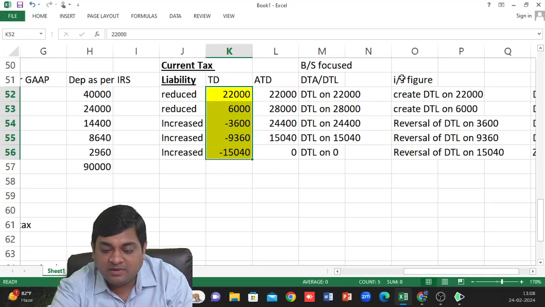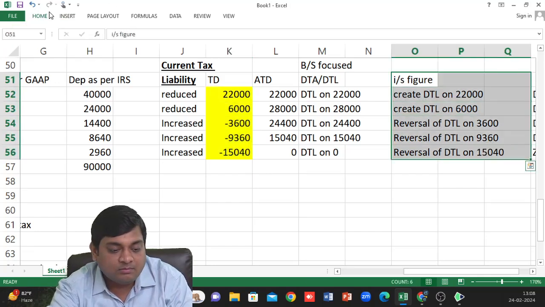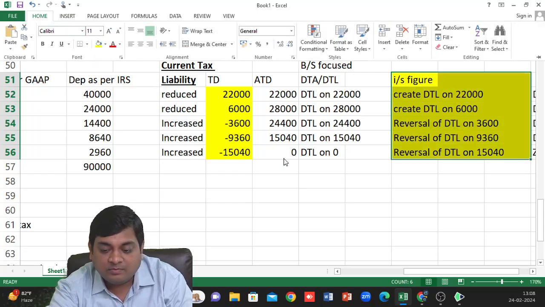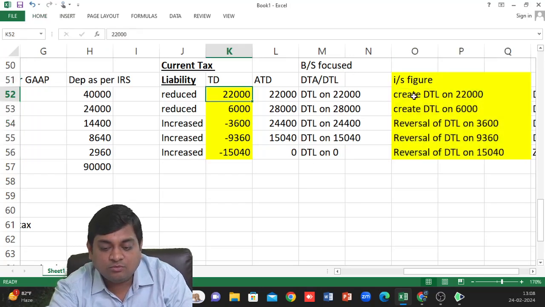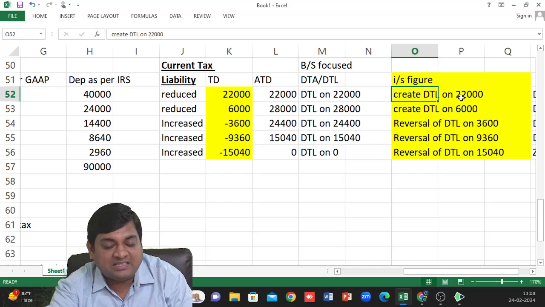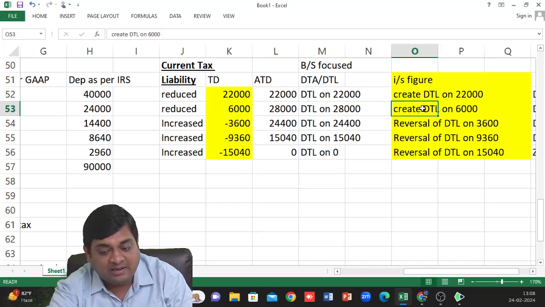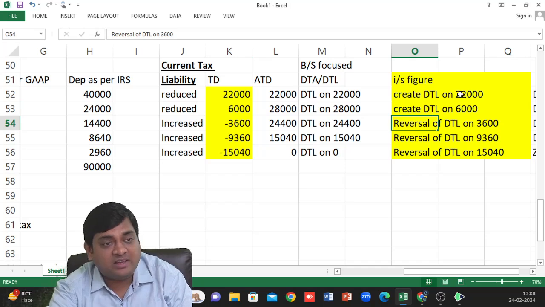And this is my income statement figure. See, it is matching, yes or no? There is a timing difference of 22. We are creating deferred tax liability. There is more timing difference. We are creating again deferred tax liability. Timing difference is getting reduced. So we are doing reversal of what we created.